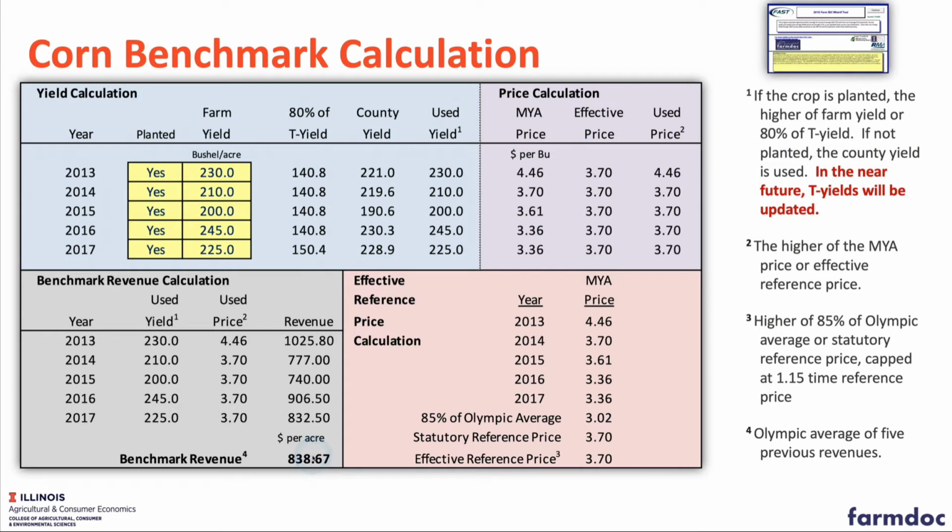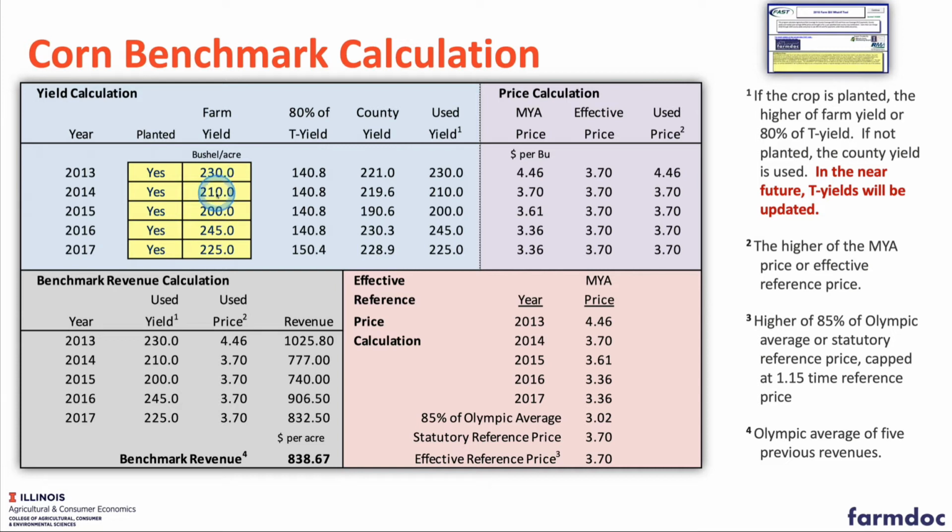Our benchmark revenue for this crop is $838.67 per acre. You should know the yields for these farms. In fact, those are the yields you would use for a PLC update, so they're the same yields.